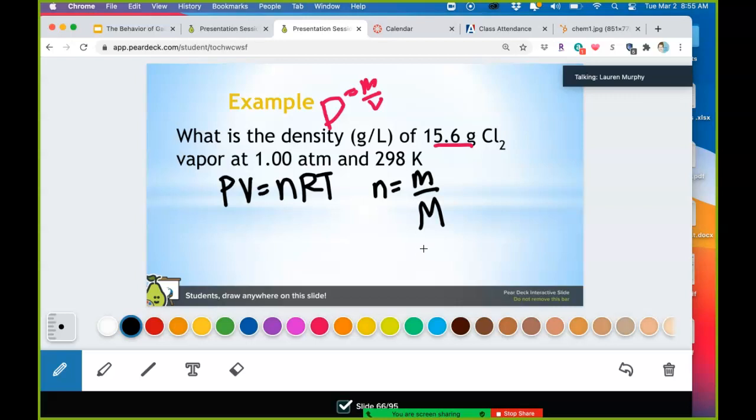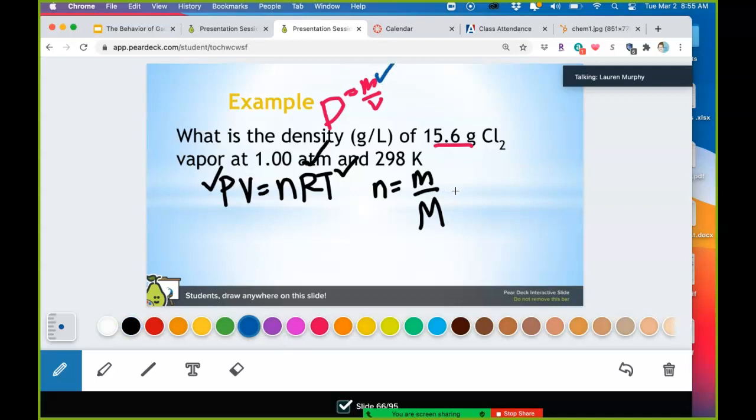So let's see. I have pressure. I have temperature right here. You always have R. Now, I don't exactly have moles. I guess I could get moles, and then I could find volume, and then I could take mass and divide by volume. That's one way. In fact, let's do it that way first. I have mass right here.